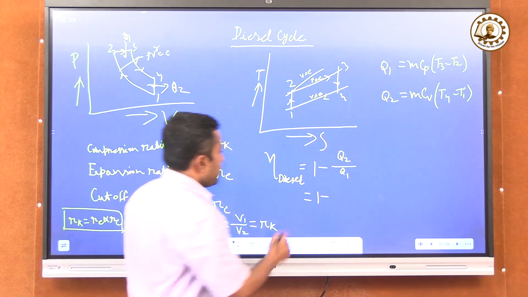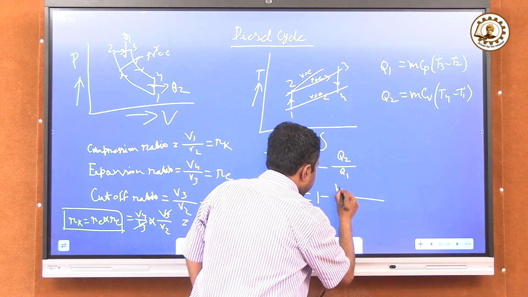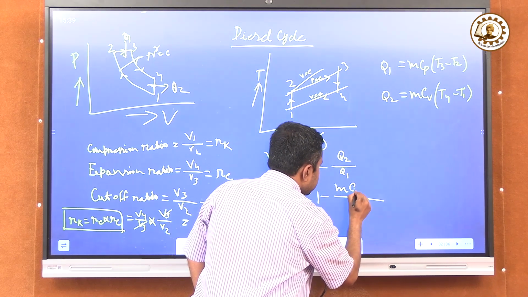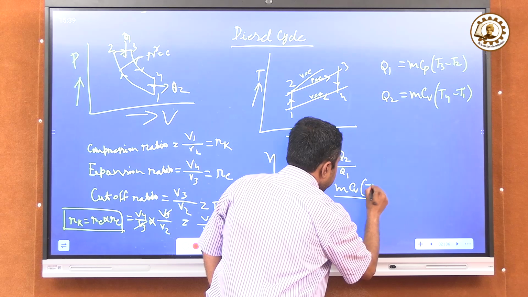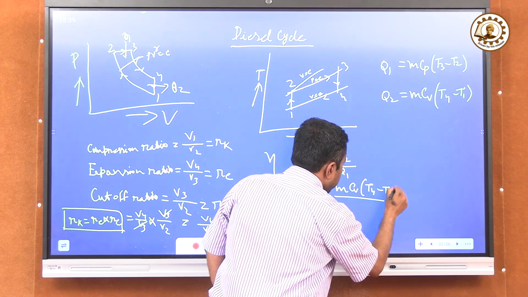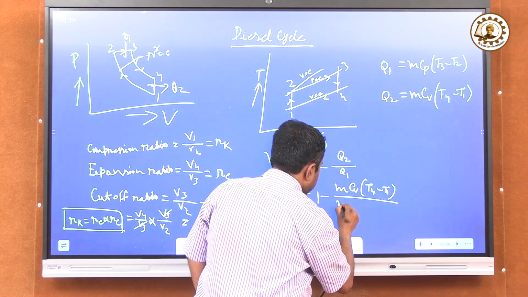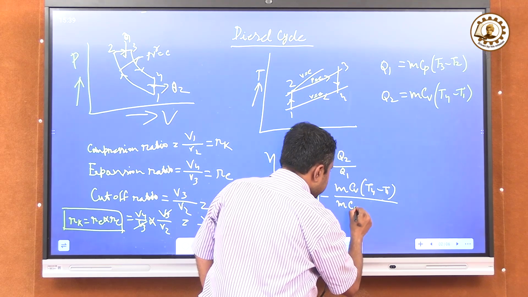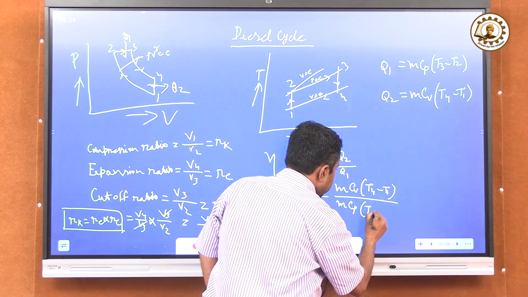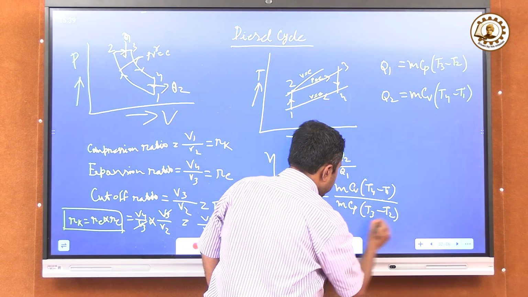Now, what will be our efficiency? It is M Cv into T4 minus T1 over M Cp into T3 minus T2.